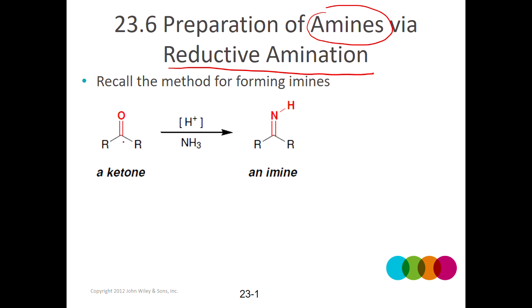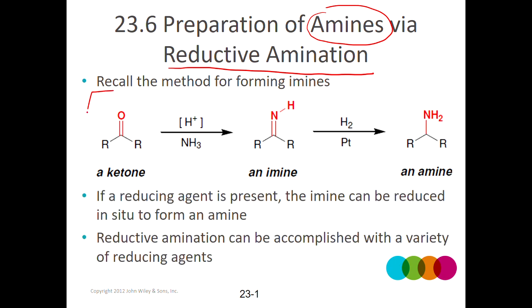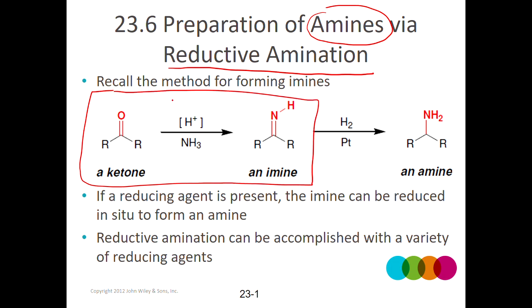The net effect here is to replace the oxygen with the nitrogen and then reduce the double bond to make an amine. We talked about this part early in the semester, in chapter 20.